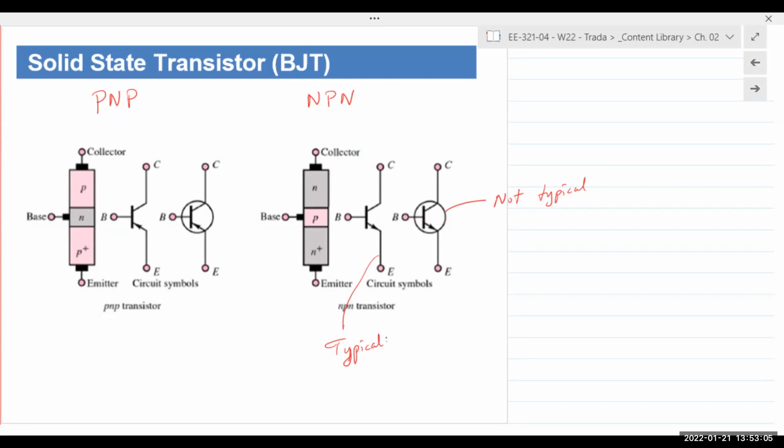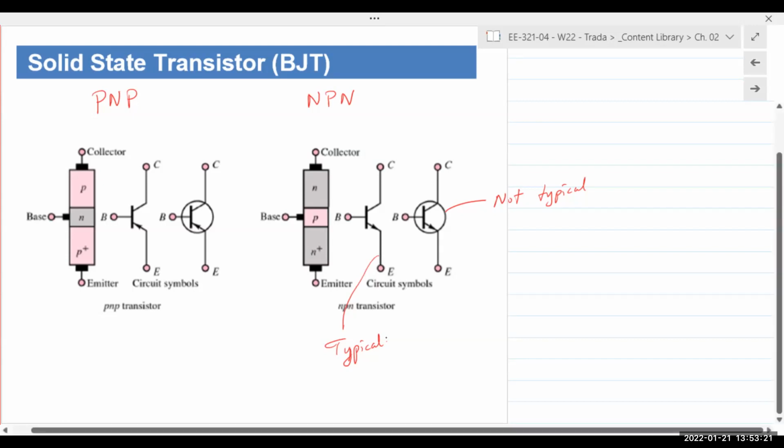So mostly we would use NPN transistors, not PNP. There are 3 terminals connecting to all 3 of those layers. Each terminal has a specific function and a specific name. The middle one is known as the base. One end is known as the emitter because it emits the carriers, the electrons, and the other end is the collector.